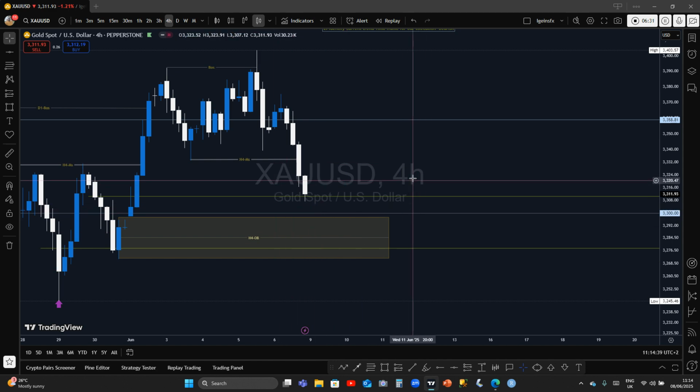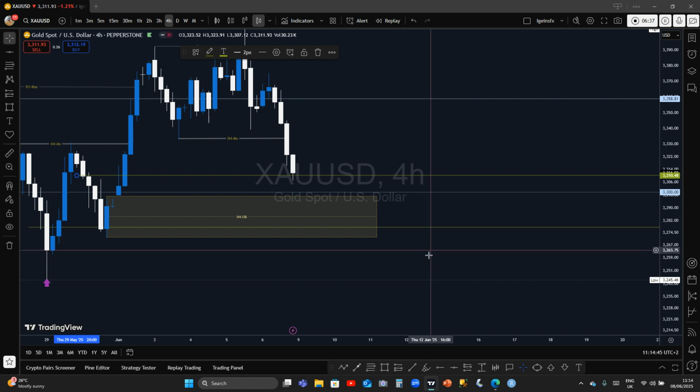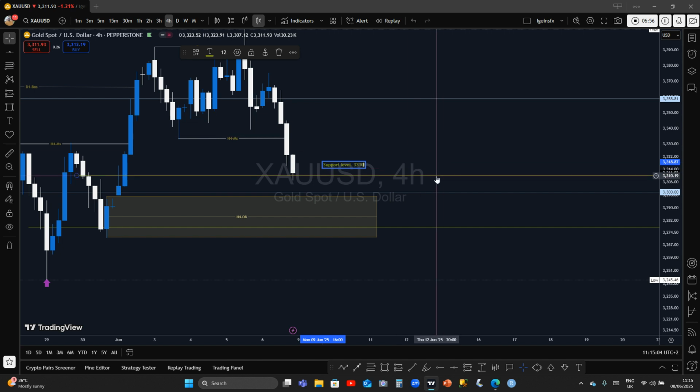We have a support level here, that is 33.10.